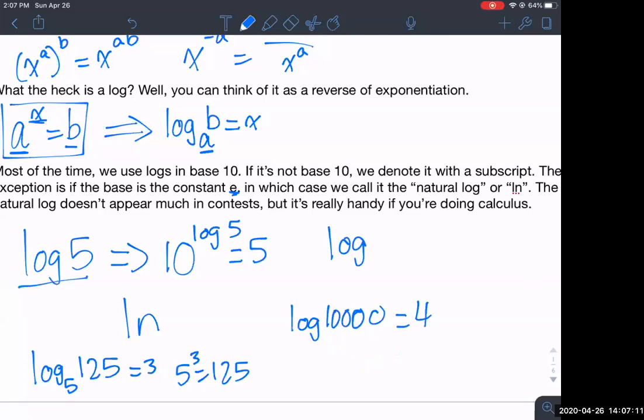Then let's do one more. Log base 2 of 1,024.